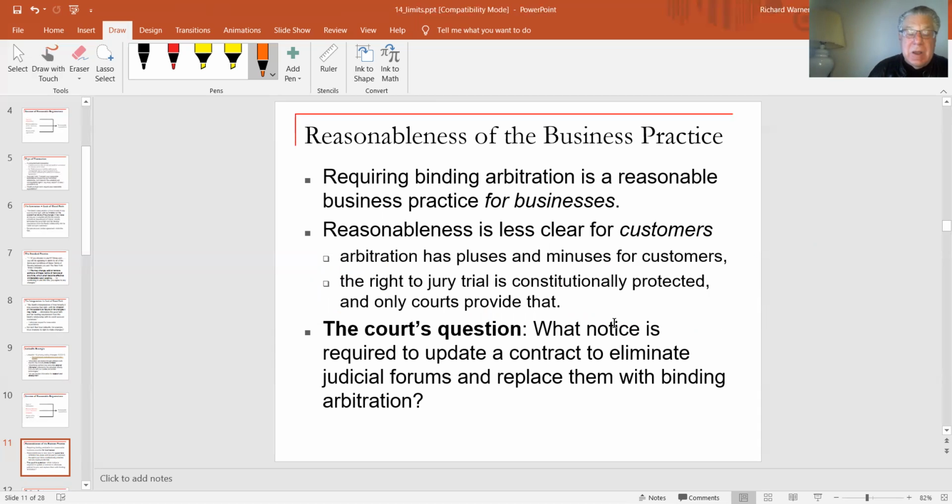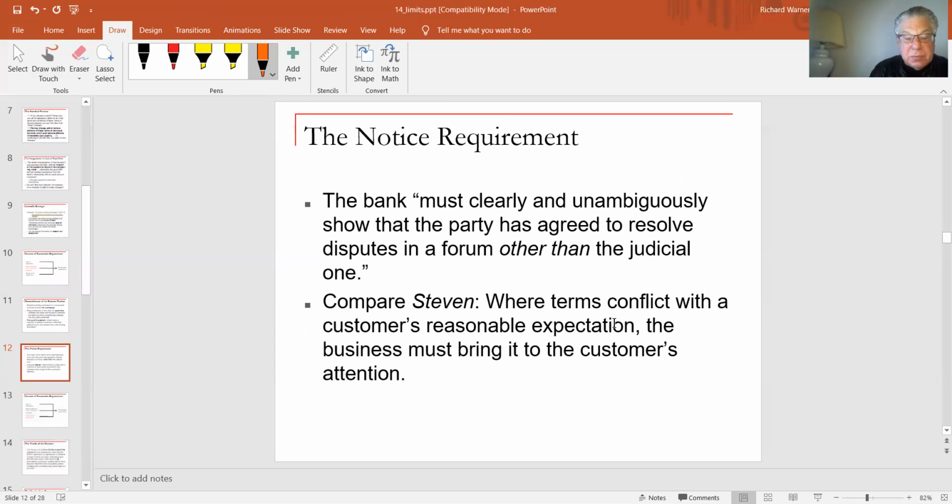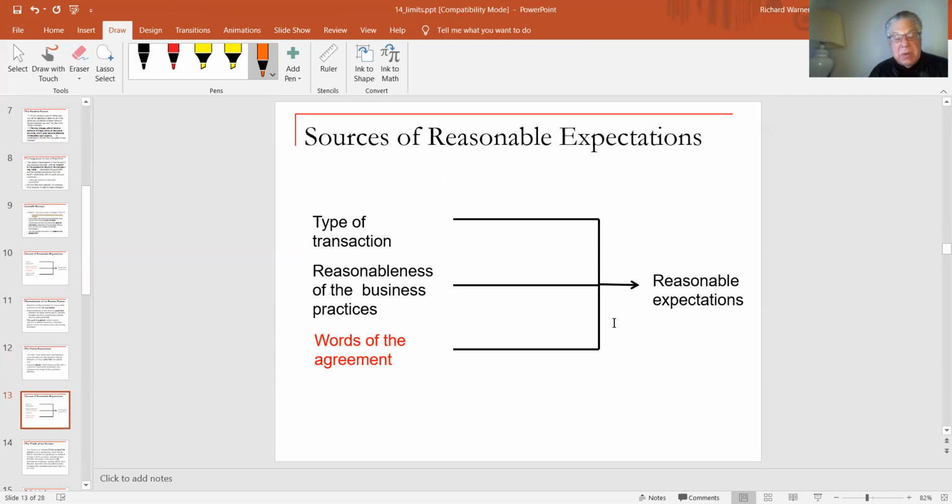That is yet an unanswered question. Same point, and by the way, I put in the slides, we didn't discuss it in Stephen. The Stephen case actually makes a similar point about the role and possibility of notice.